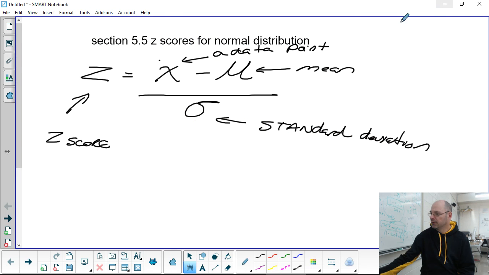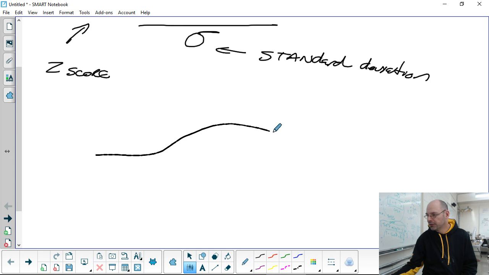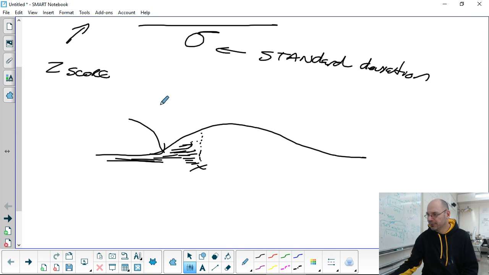Okay, so a Z-score represents, if we're drawing the picture, a normal distribution, and this is your point. The Z-score represents the percentage of data to the left of the Z-score. I guess the Z-score, not X there, sorry.